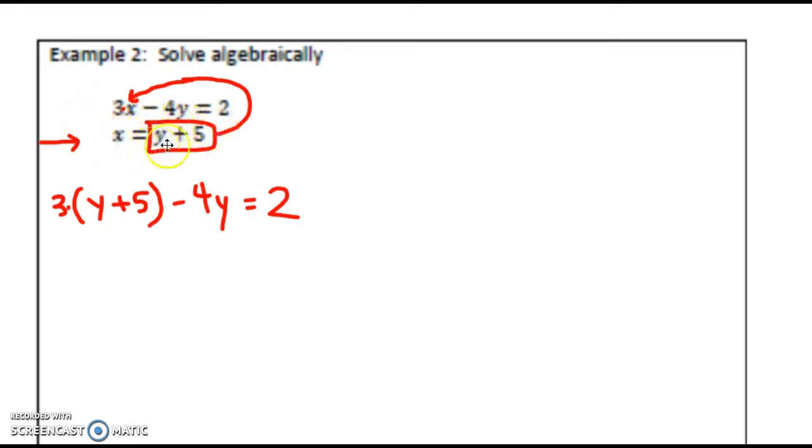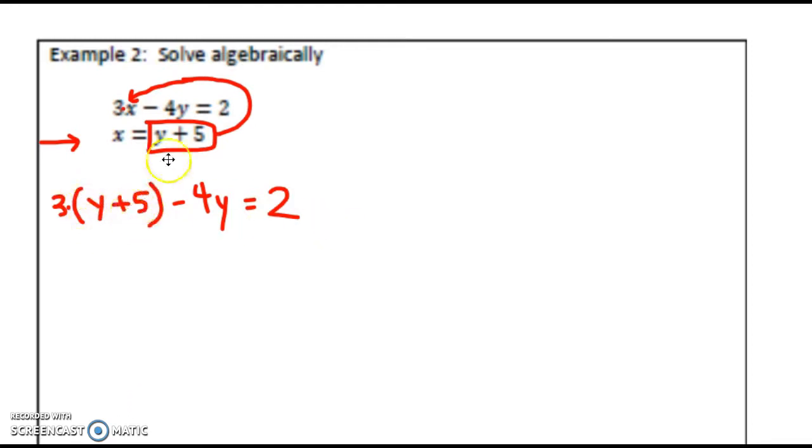We're going to take that whole value, put a box around it, grab it, and substitute it into the other equation. See where x is in this equation? We're going to take y plus 5 and substitute it for x. So this is what it looks like. This was originally 3x minus 4y equals 2, that top equation.